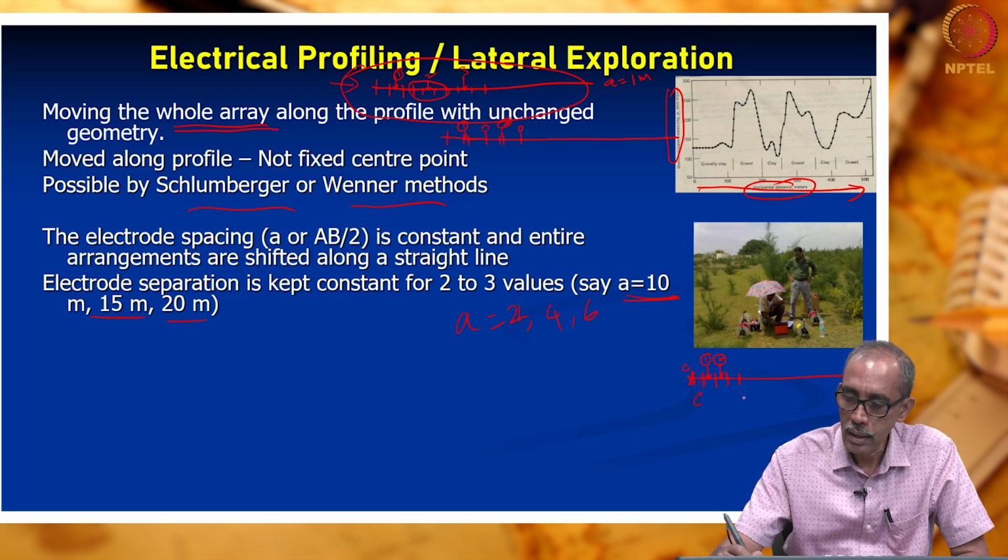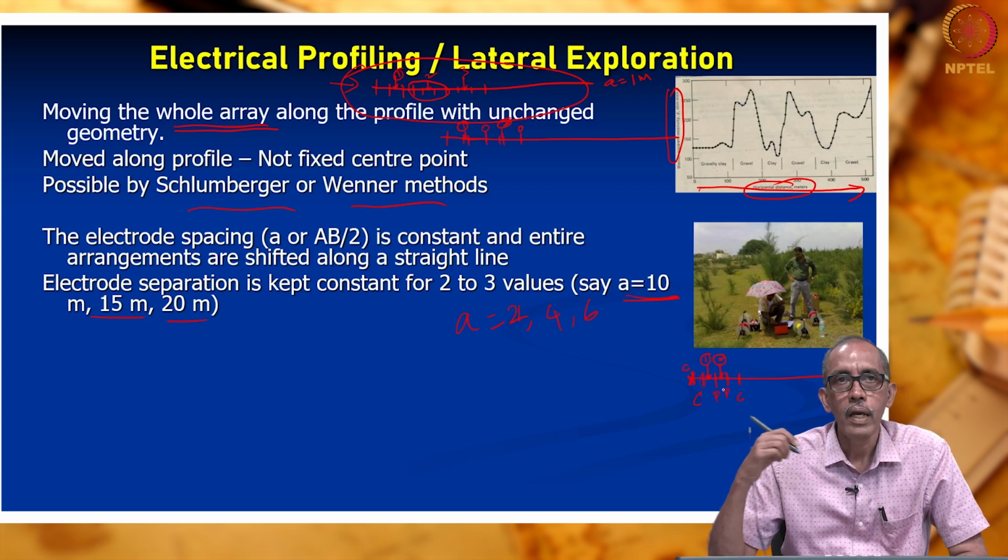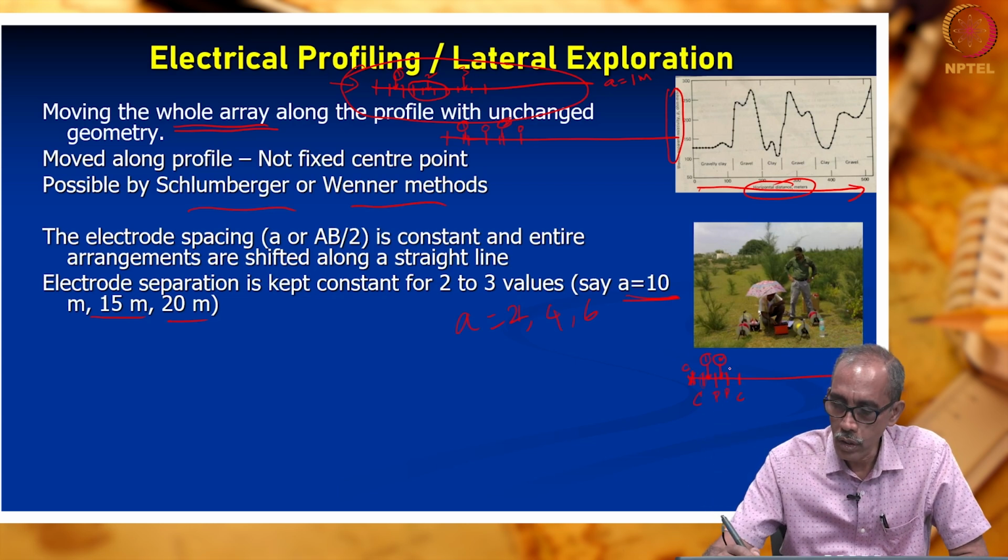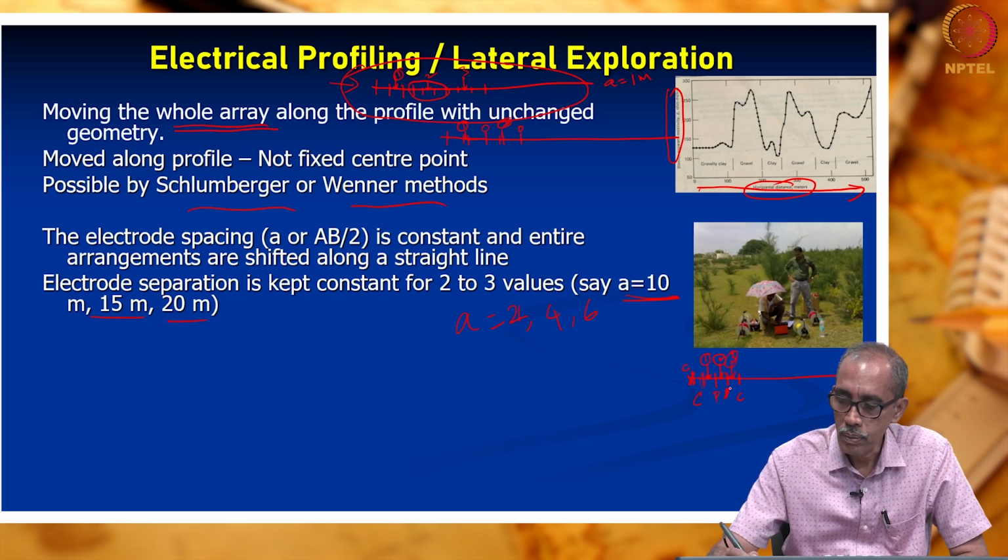This is current, these two are potential. We have completed the survey. Now, this is going to be our station 3. Now, this becomes potential, this becomes current, this also becomes current.